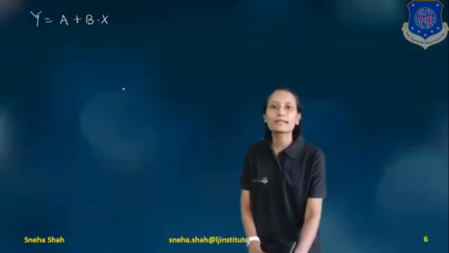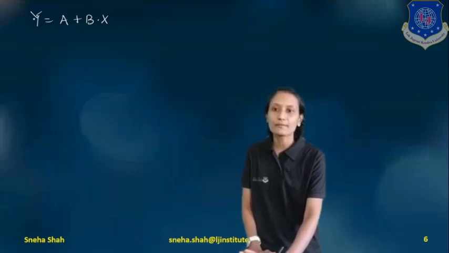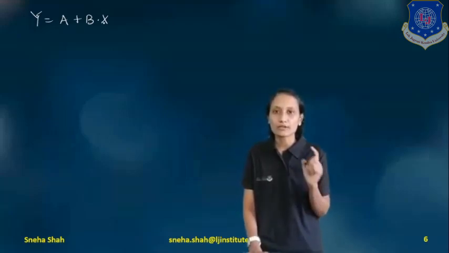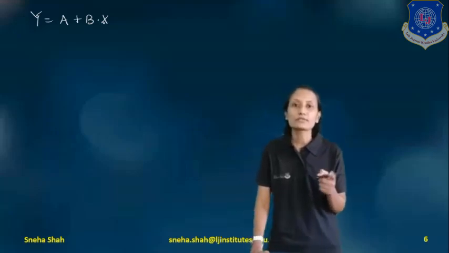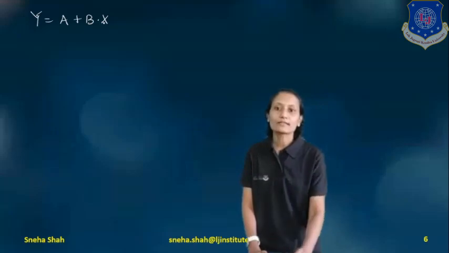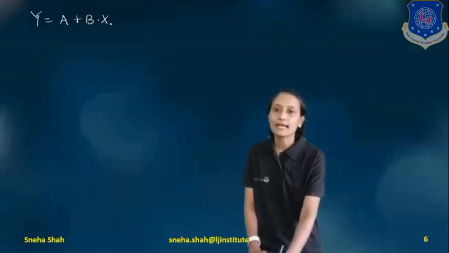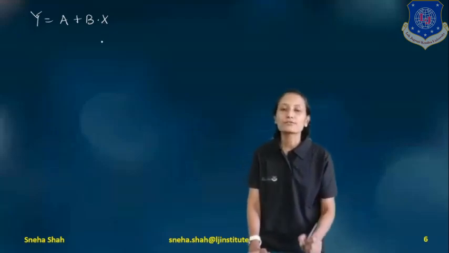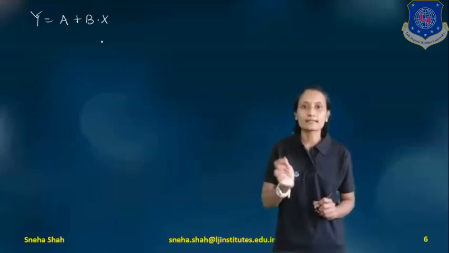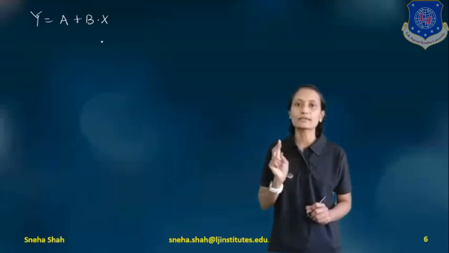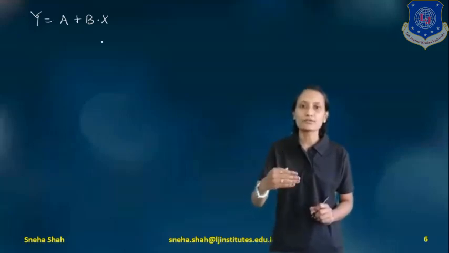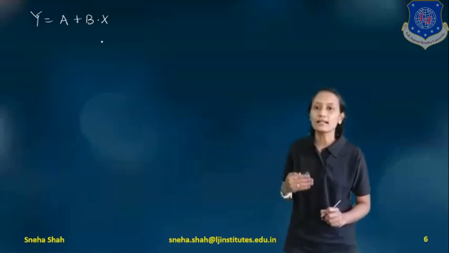For the second normal equation, we multiply this equation by x, and then take the summation on both sides. Then, from the two normal equations, after solving them, we can derive the final output.